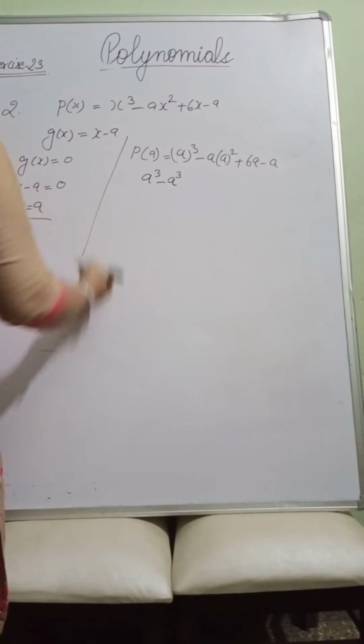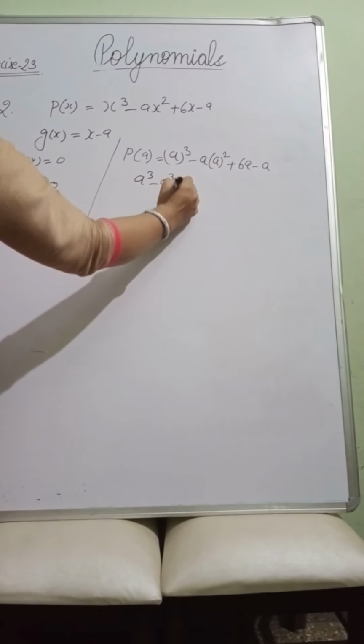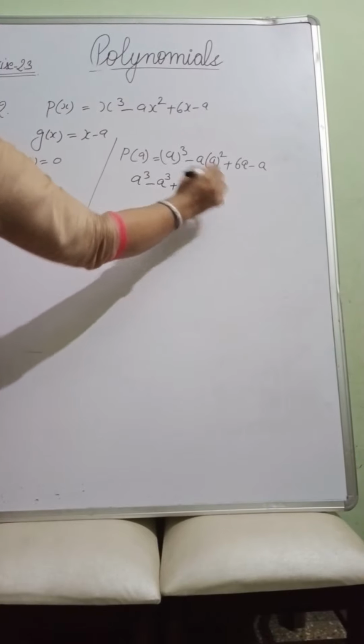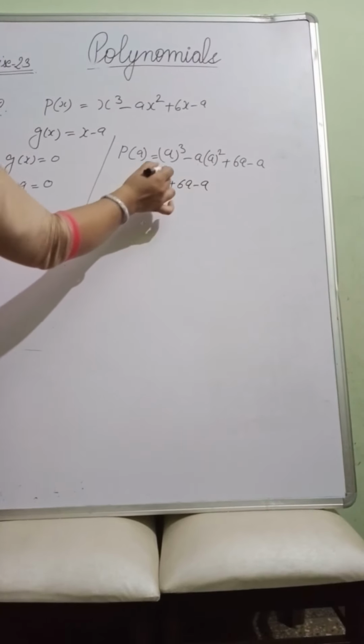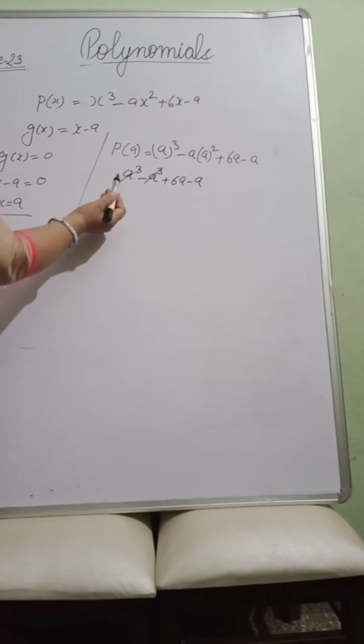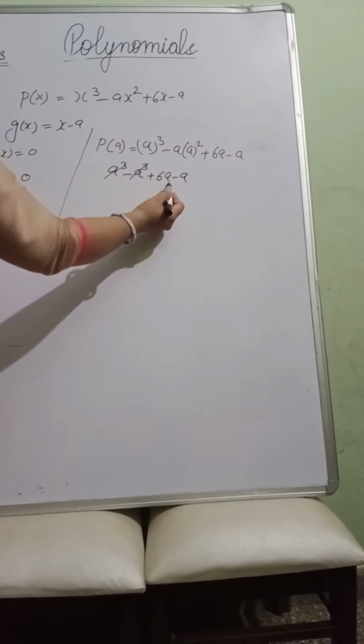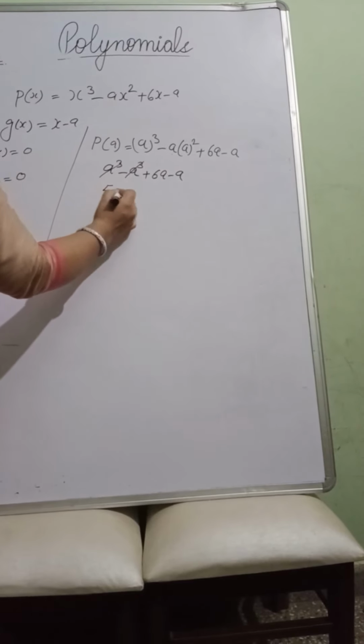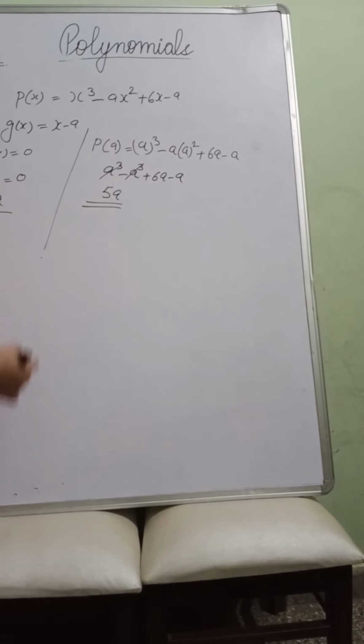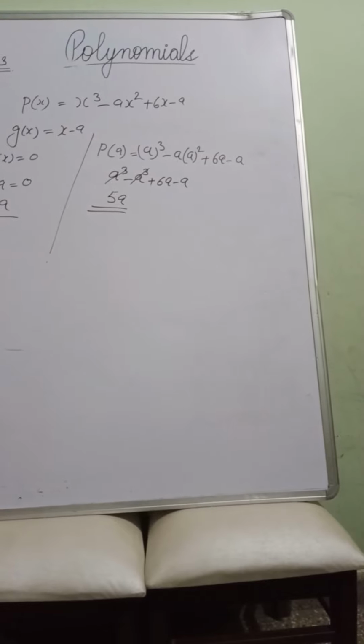So here you will get a cube plus 6a minus a. This a cube will be cancelled by this because one is plus and one is minus. Plus 6a minus a, you will get 5a, and this is your remainder.